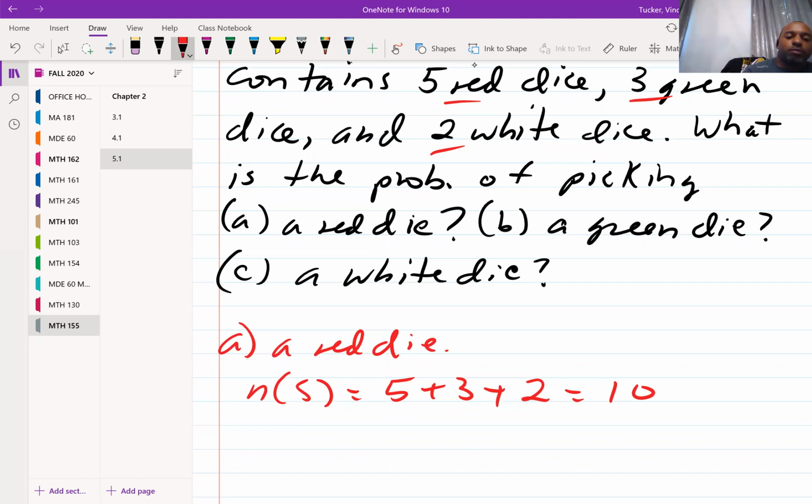And then we're looking at the number in our event. We're talking about choosing a red die, so I'll call that event R. There are 5 red dice. That's where that came from.